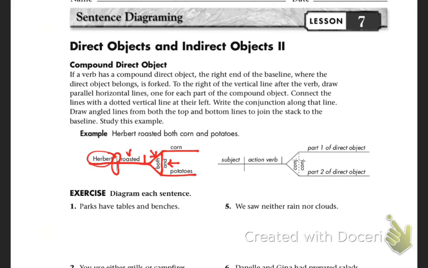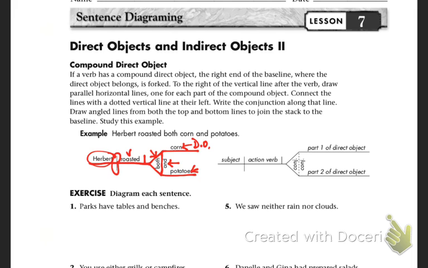And then what did he roast? Corn, potatoes, those are your direct objects. Does that make sense? Yes? Okay. So you're going to see a lot of forks coming in and out. Anytime you have a conjunction in a sentence, you're going to have a fork going in to help separate those, okay? Questions on that so far?